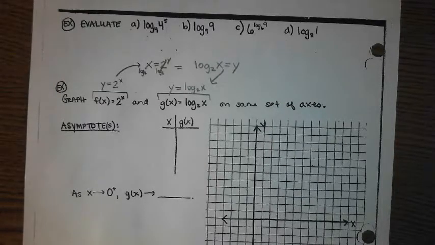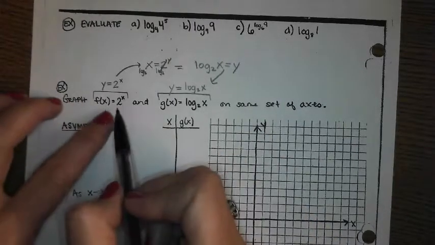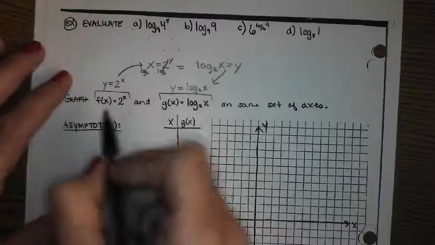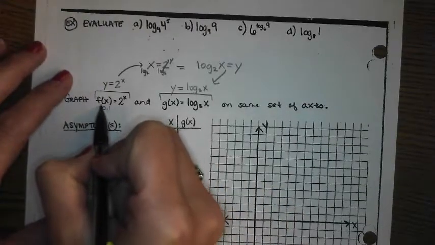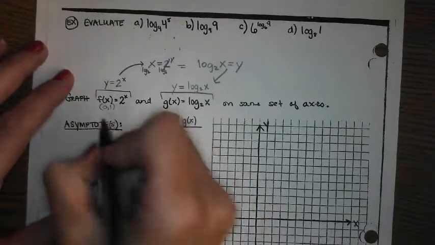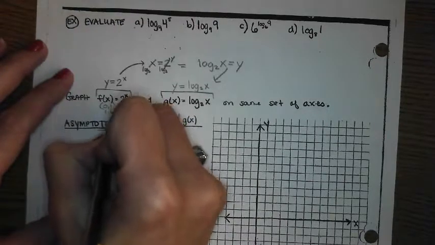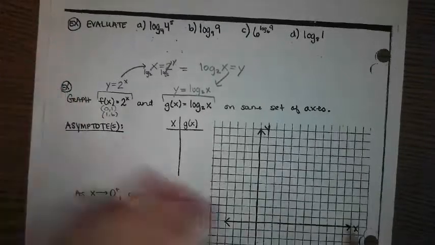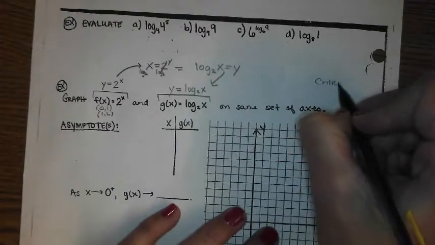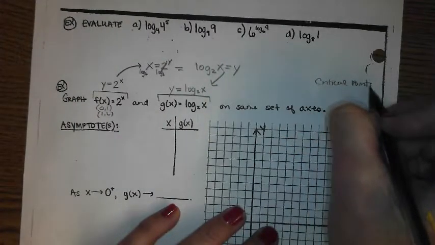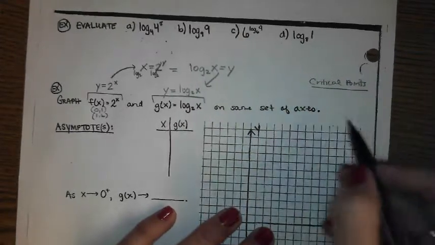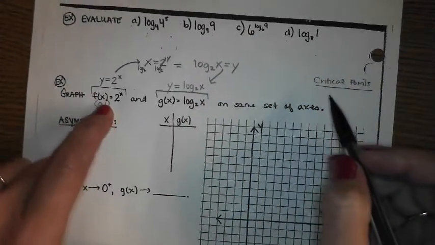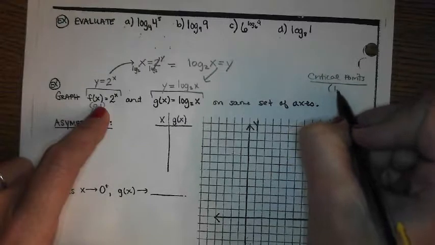So if we think of our critical points from yesterday, our critical points were 0, 1, right? And 1 comma b. So our critical points for a log graph, what's 0, 1 going to turn into? 1, 0.